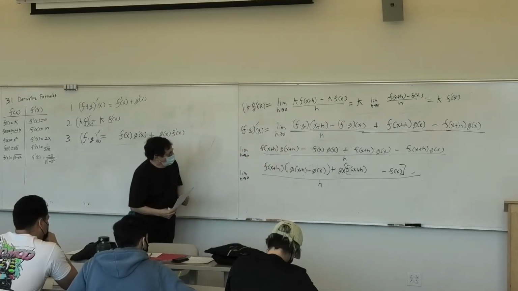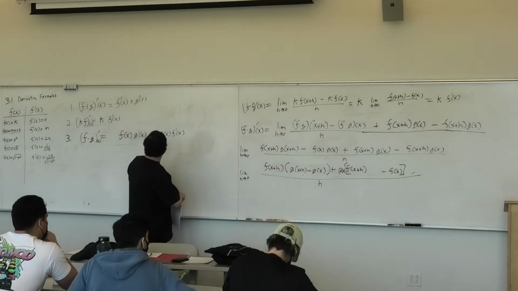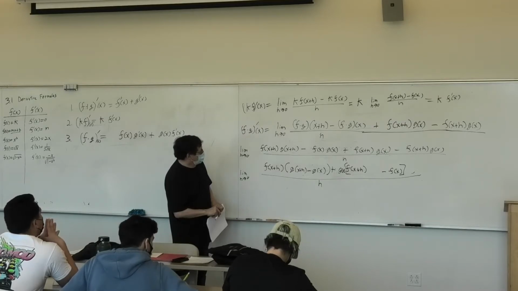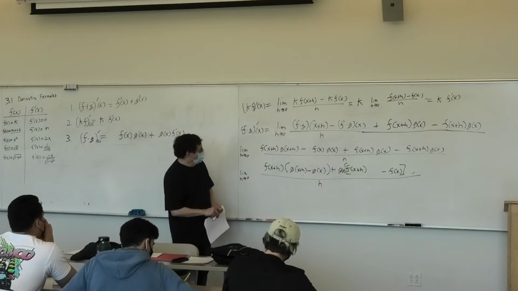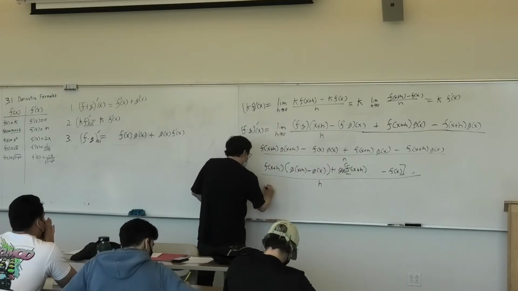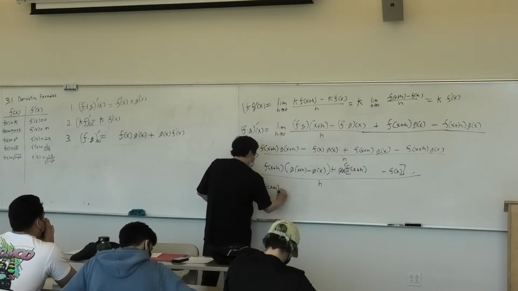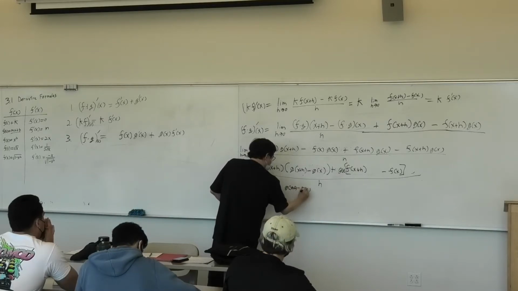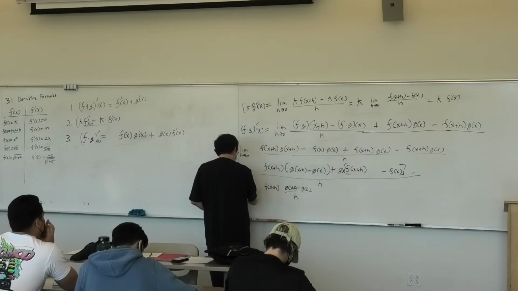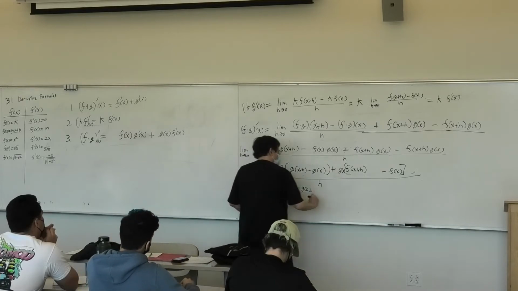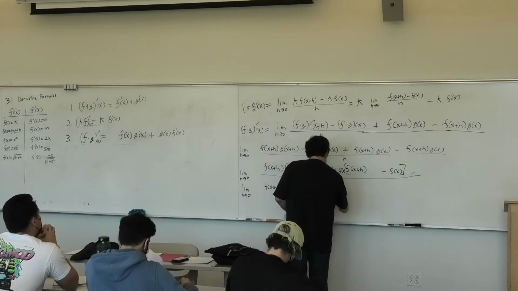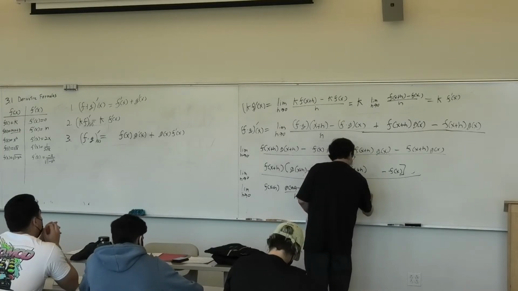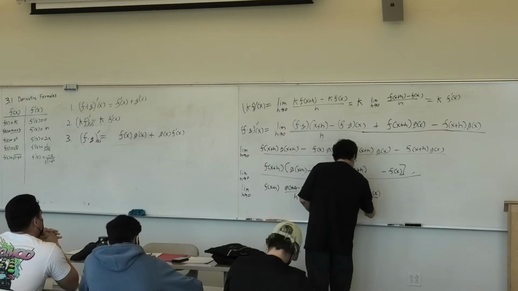I guess I really wanted to write this factoring out g of x here, right? Okay. Starting to come into focus. I have f of x plus h times g of x plus h minus g of x over h, plus g of x times f of x plus h minus f of x over h.